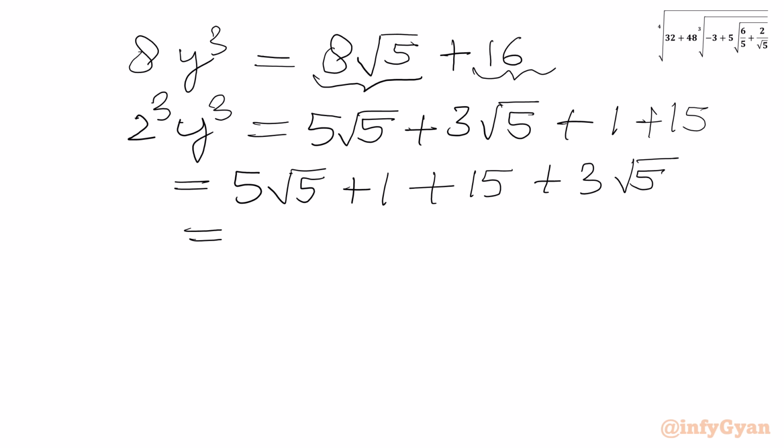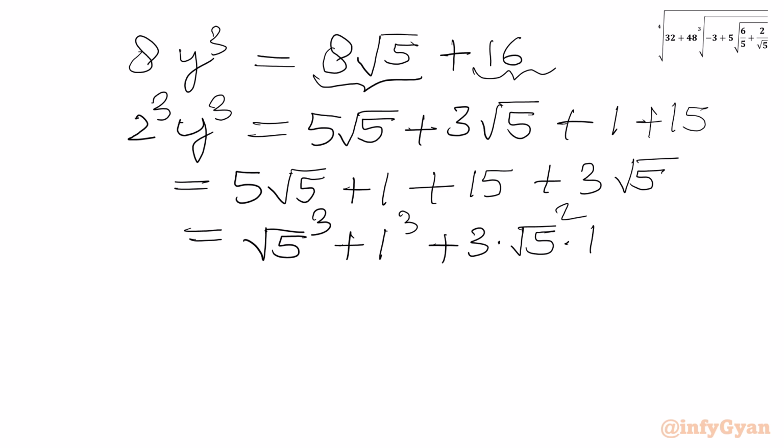So 5 root 5 we can write as square root 5 whole cube. 1 we can write as 1 whole cube. 15 we can write as 3 times square root 5 whole square times 1. And 3 square root 5 we can write as 3 times square root 5 times 1 square.